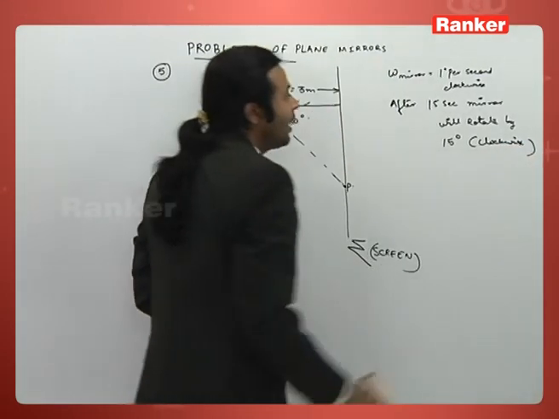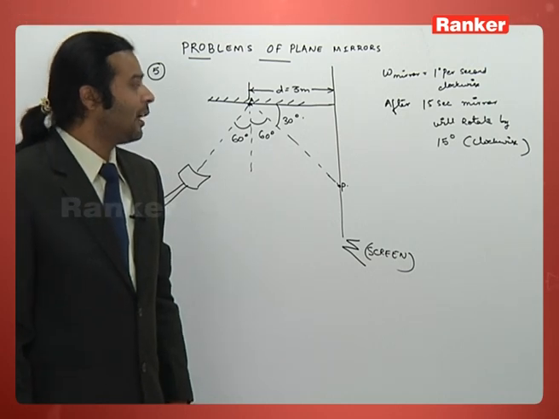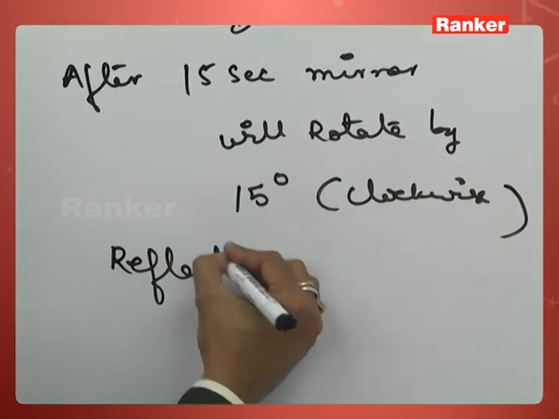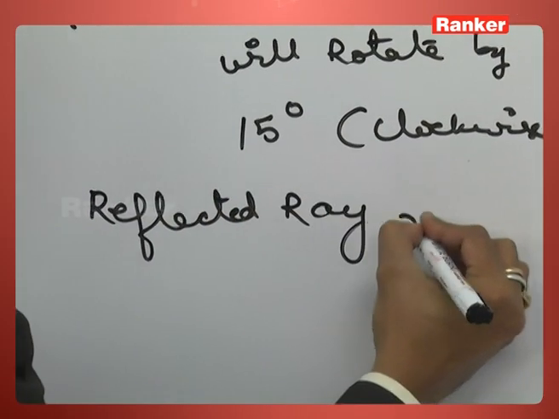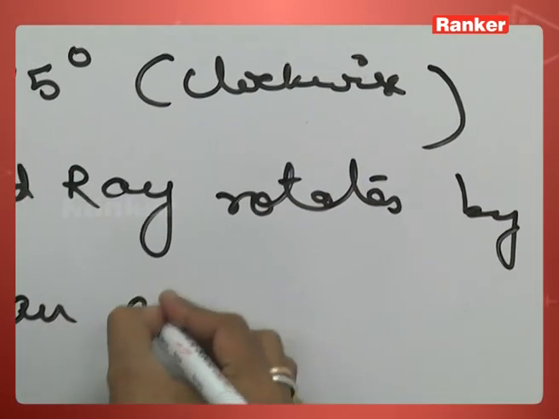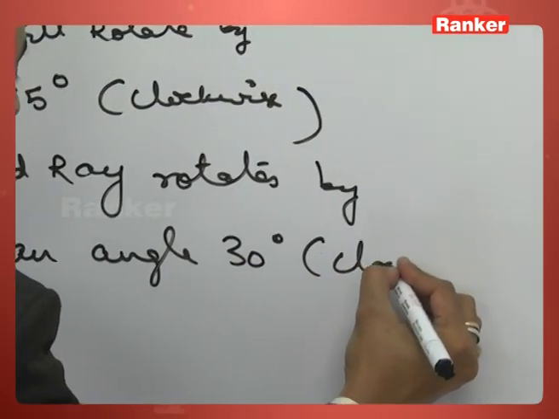So if the mirror rotates by an angle theta, the reflected ray rotates by an angle 2 theta. So here I will write: reflected ray rotates by an angle 2 theta. 2 theta means 30 degrees, same clockwise.